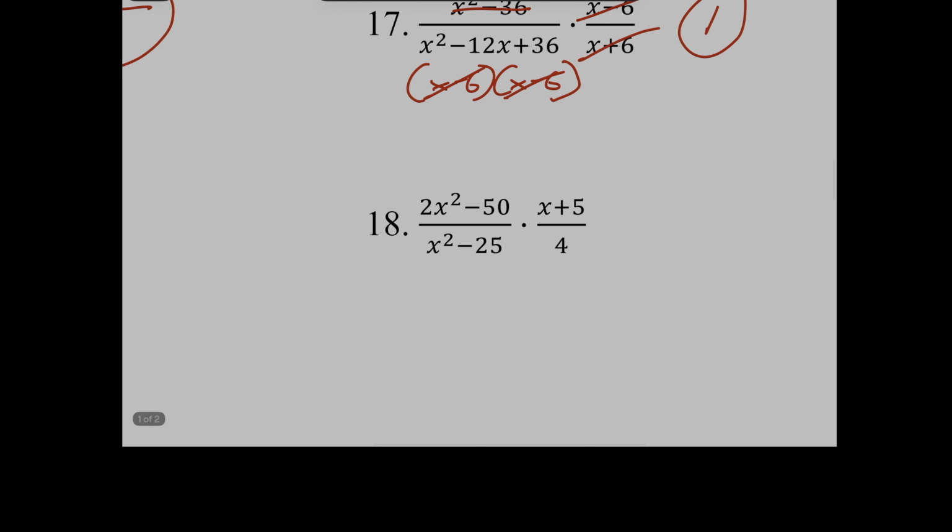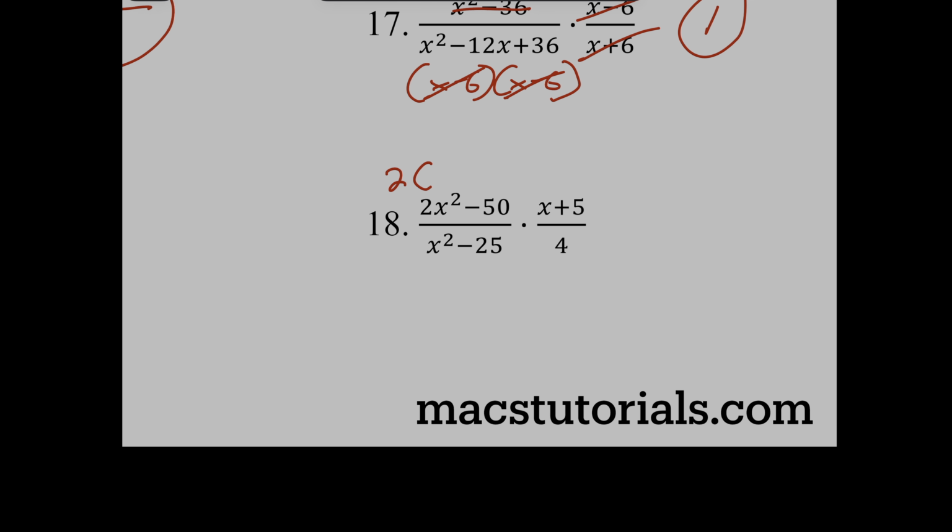Okay, well, this one's different. I got to just pull out a 2, and I'm going to get left an x squared minus 25. Okay, now, the next step would be for me to factor the x squared minus 25, but look on bottom. I have an x squared minus 25. If the entire thing is the same as the entire thing, you are allowed to cancel.